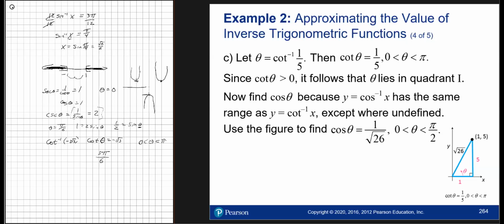Now this one, to find the exact value of sine of tangent inverse of 4/3. Well, we look at creating that triangle. All right, so now the hypotenuse is 5. 3 squared plus 4 squared is 25, and the square root of 25 is 5.